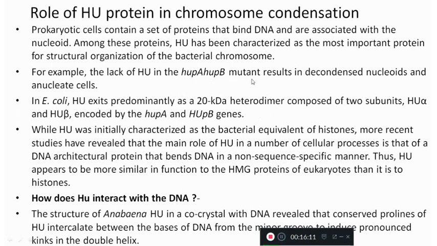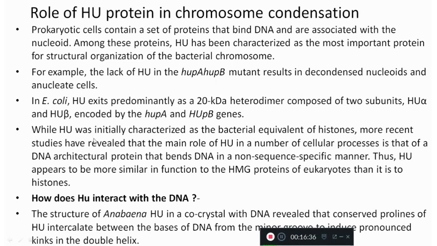So that means it helps in the condensation of the DNA. In E. coli, HU exists predominantly as a 20 kilodalton heterodimer composed of two subunits, HU alpha and HU beta. These are encoded, of course, by the hupA and hupB genes, because their mutation causes the decondensation of the nucleoids.